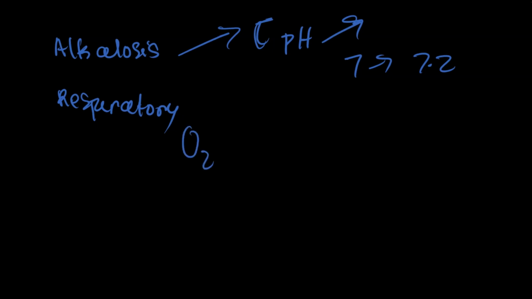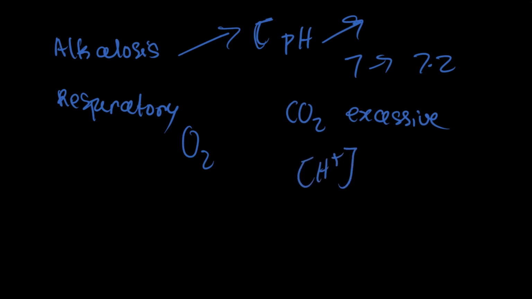So when you're breathing in excessively, you're also breathing out excessively, so there is an excessive expulsion of carbon dioxide. This excessive expulsion of carbon dioxide means that there would be a drop in the hydrogen ion concentration, and therefore there would be an increase in pH, from 7 to say 7.2.